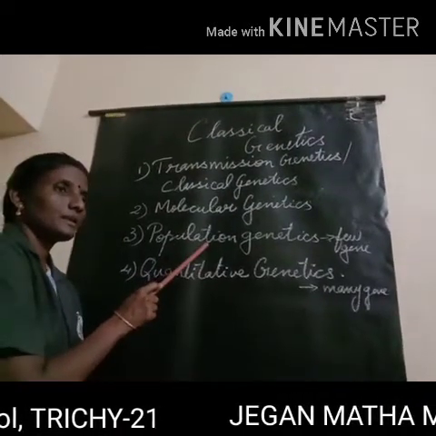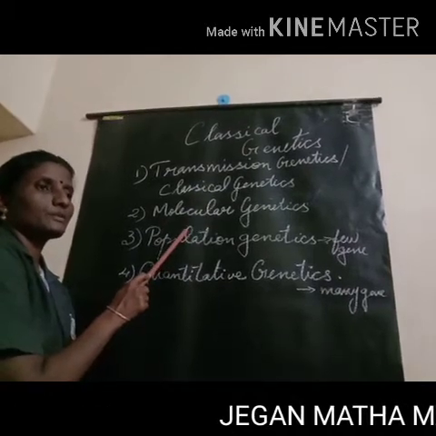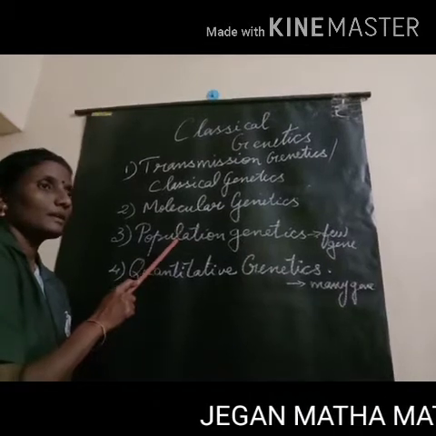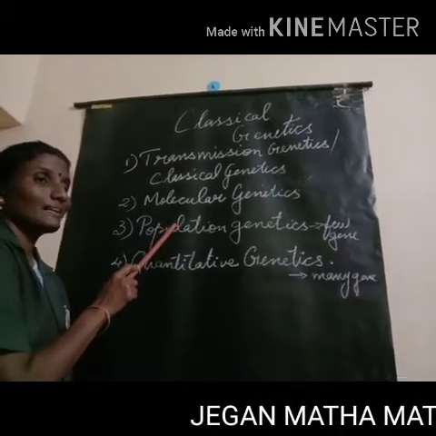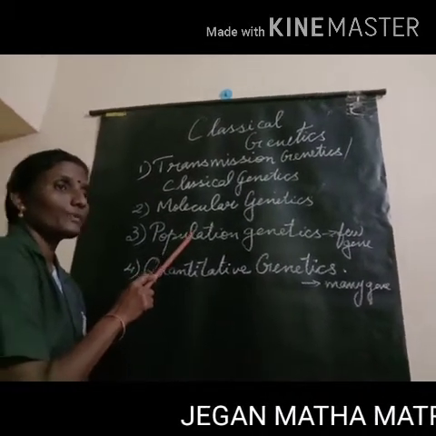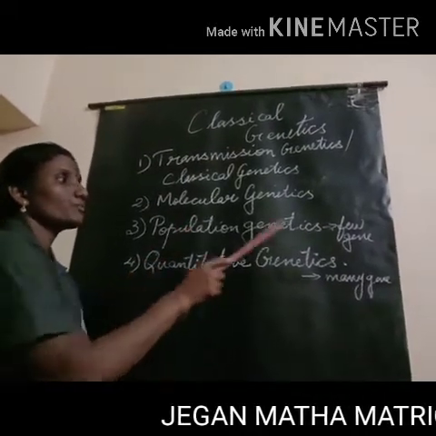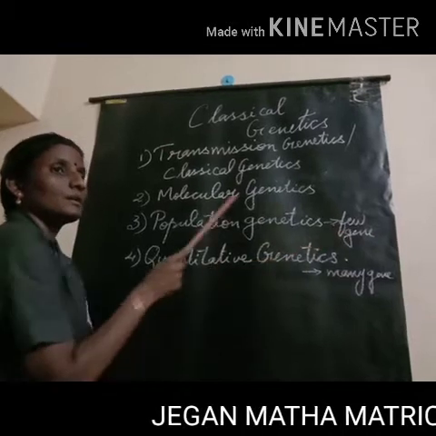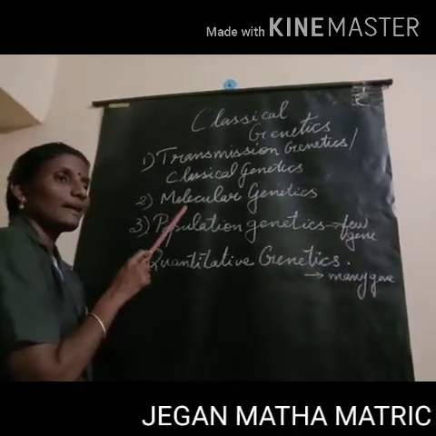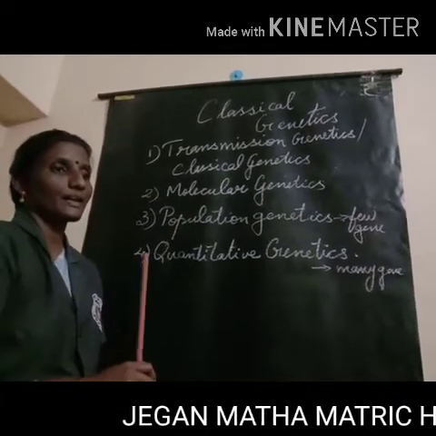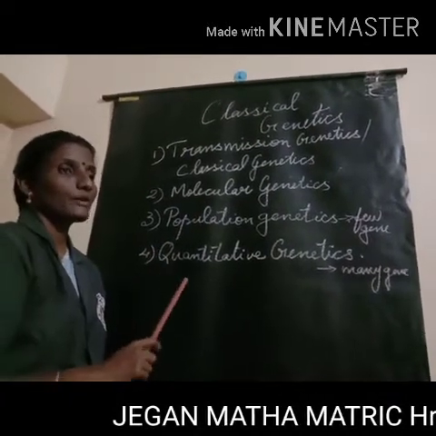Population genetics. Population means what? A group of individuals is called a population. Here the study deals with heredity in a group of individuals for a trait which is determined by few genes. Heredity is the transmission of the character from the parent to the offspring.